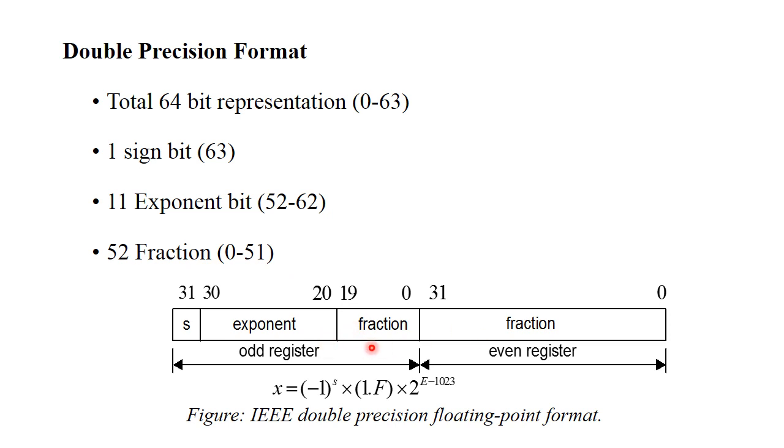So here the representation is being divided into two parts, even register and the odd register. Then 0 to 31 is the fraction, then 0 to 19 continuation of the fraction, then 20 to 30 exponent, 31 is the sign bit we are going to have. The conversion formula remains the same, but here it will become 1023 because it is a double precision representation.